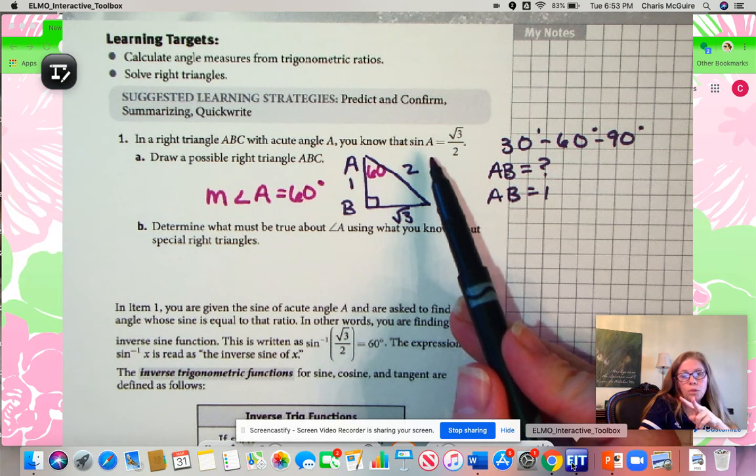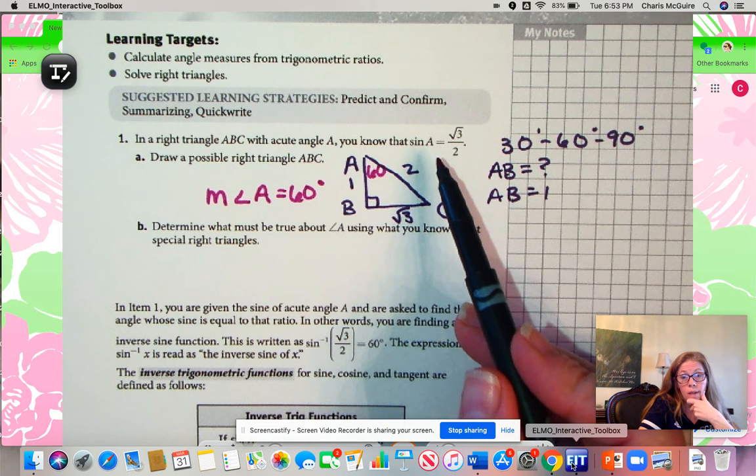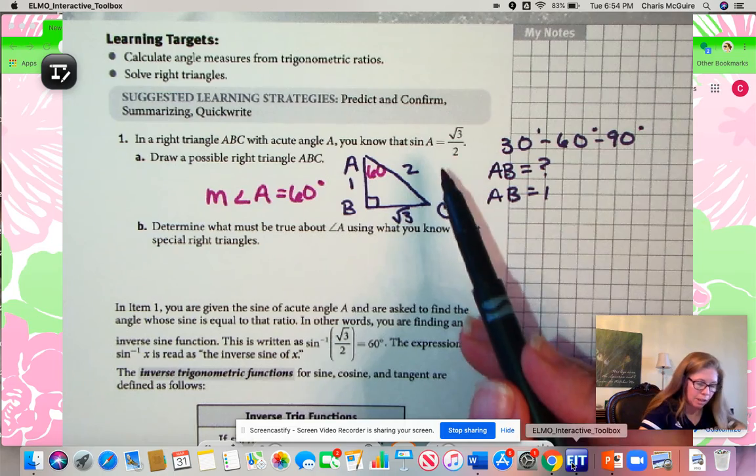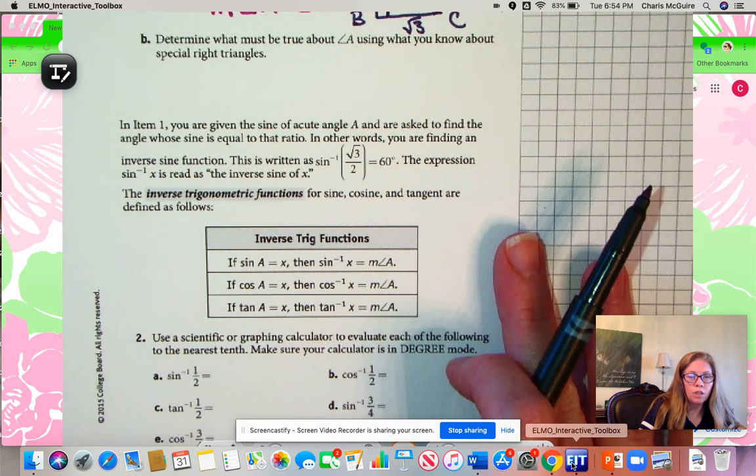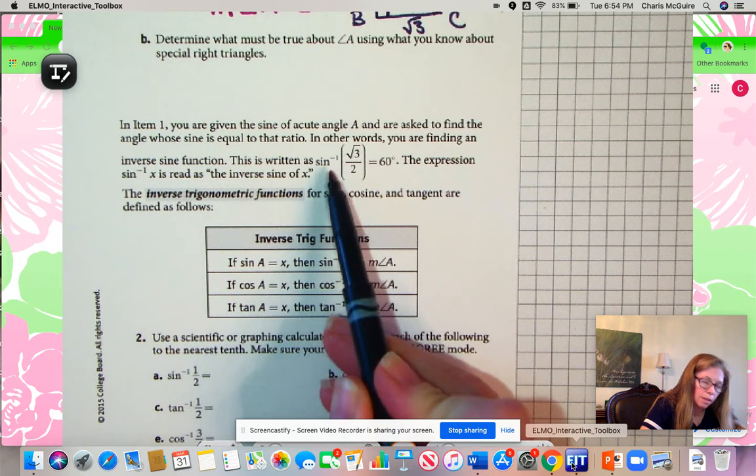And we know two special triangles, your calculator is stock full of more relationships, and that's why we have the calculator today. So if you take a look down here, it's telling you about inverse trig functions. And we denote the inverse trig function by this little -1 here. That's how you know it's an inverse.